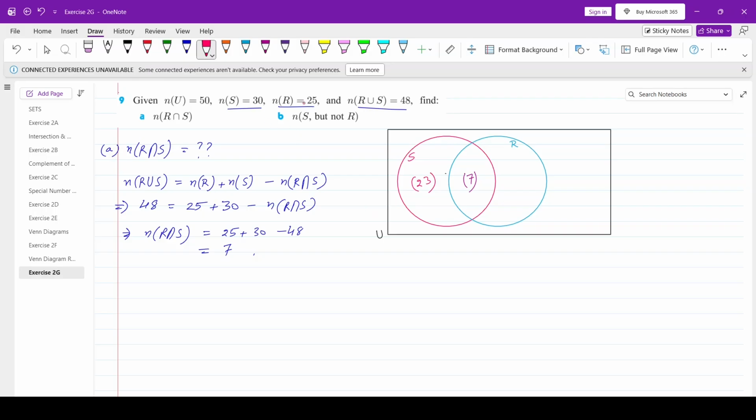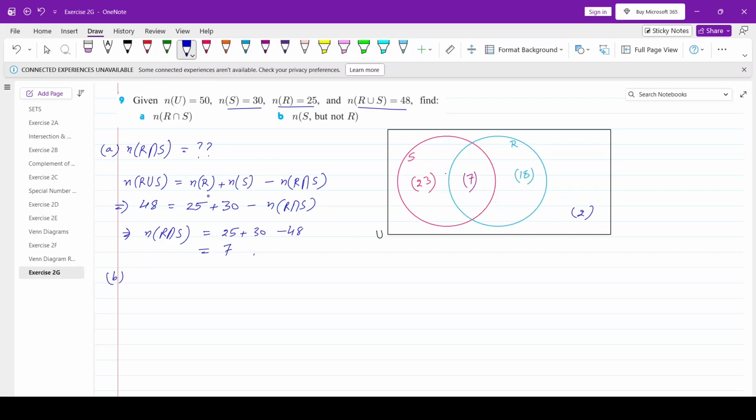The number of elements in R is 25. Therefore, R but not S is going to be 25 minus 7. That is going to be 18. And we know the number of elements in R union S is 48 and the universal set is 50. Therefore, the remaining 2 elements will go over here.